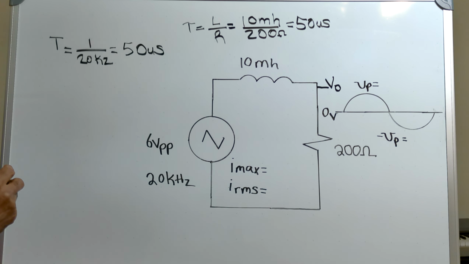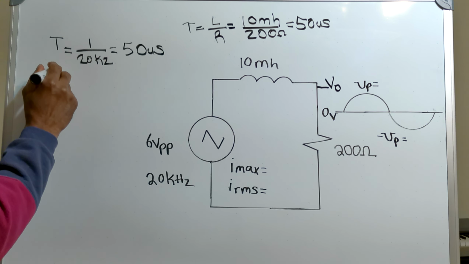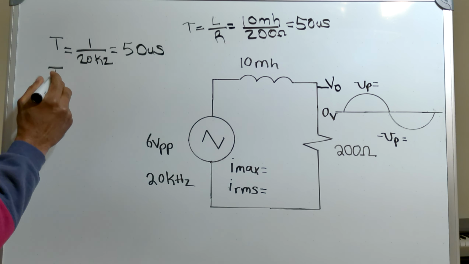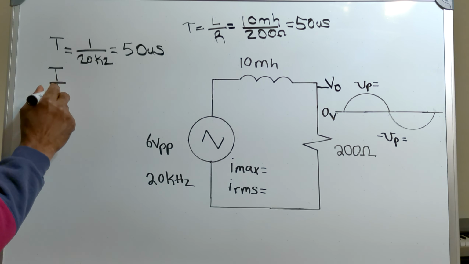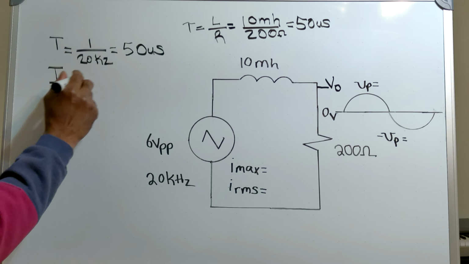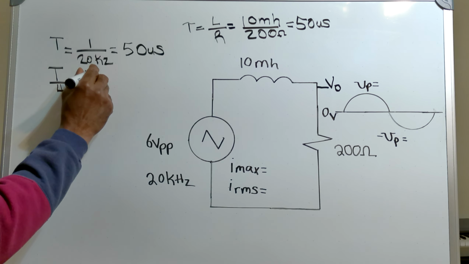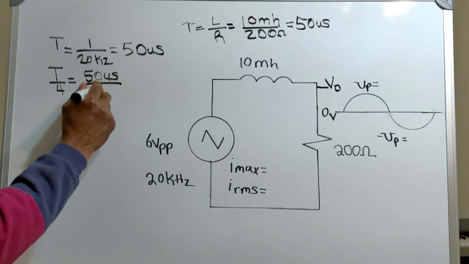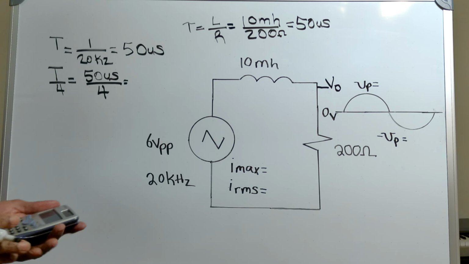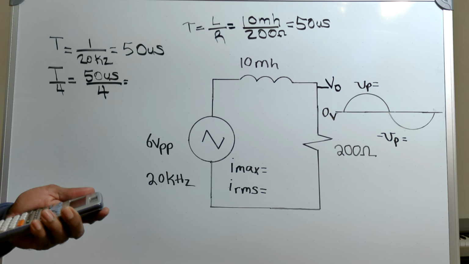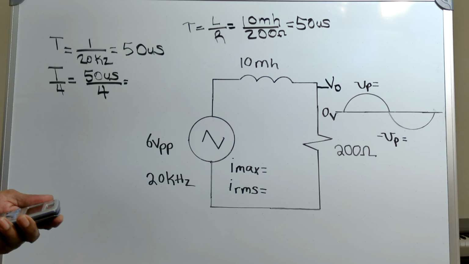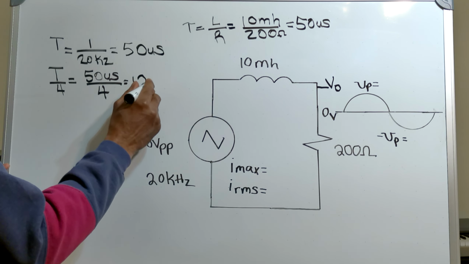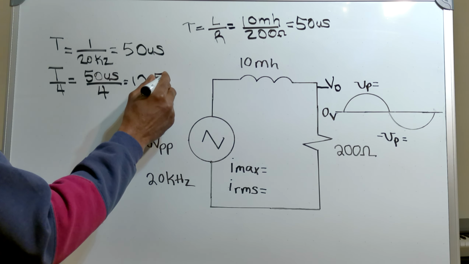Now I will take 1/4 of my period. That equals 50 microseconds over 4. That equals 12.5 microseconds.